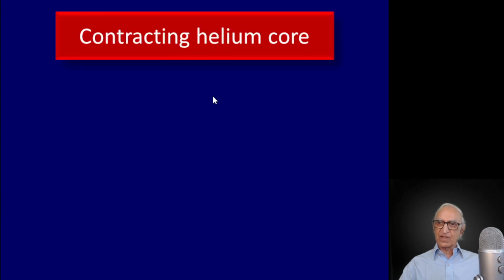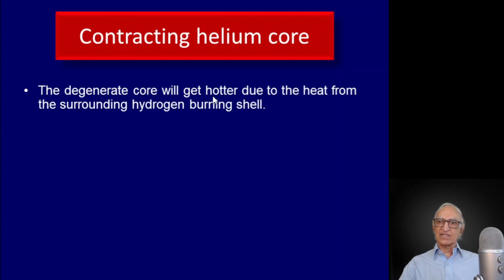So that's it. Now let's go back to the contracting helium core. It is true that because the helium core is degenerate, as I compress it, it doesn't get hotter. But please remember, you're trying to bake a pizza in an oven.